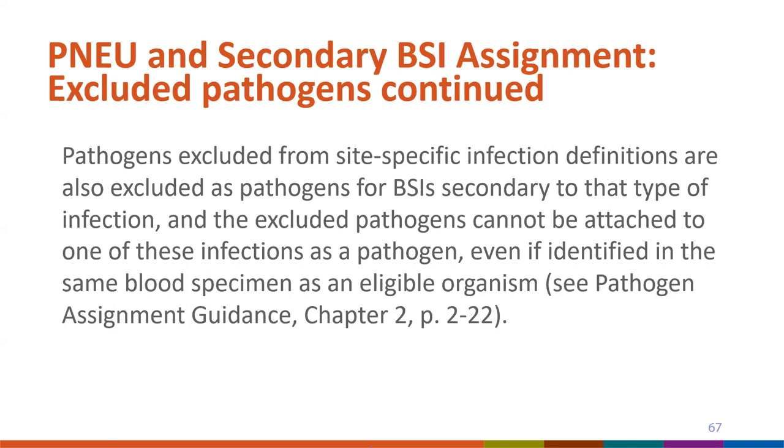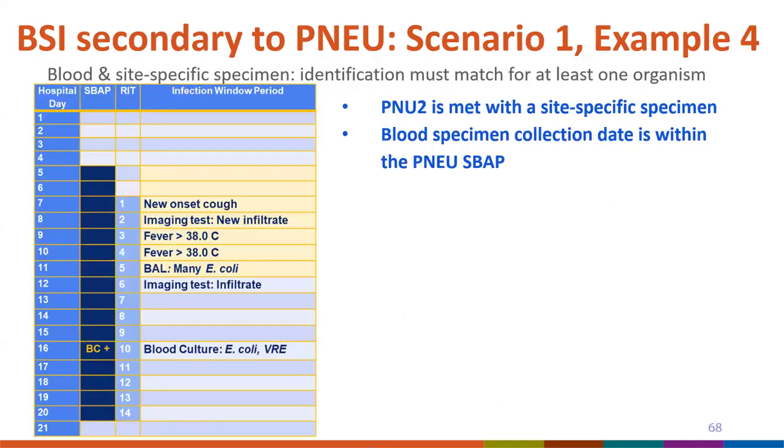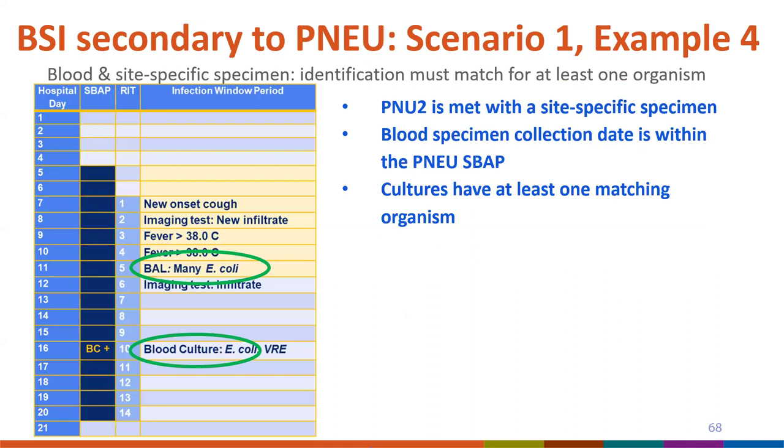Instead, the excluded organism must be accounted for as either a secondary BSI to another site-specific infection or reported as a primary BSI. Let's look at an example. In this example, the matching E. coli in the blood specimen can be attributed as a secondary BSI pathogen, but the excluded organism, vancomycin-resistant enterococcus, or VRE, cannot.